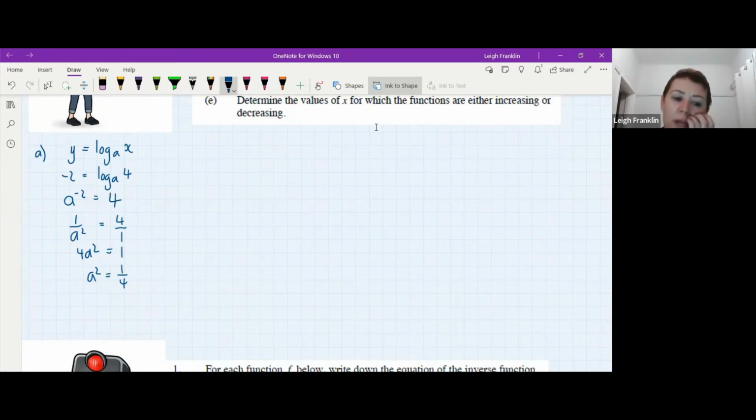So whilst we can consider that there would be a positive and a negative answer, in this case we would only accept the positive answer. Whilst a could be equal to plus or minus 1 over 2, a always has to be bigger than 0. So therefore, this has to be the graph of y equals log base half of x. Is everybody happy with that?